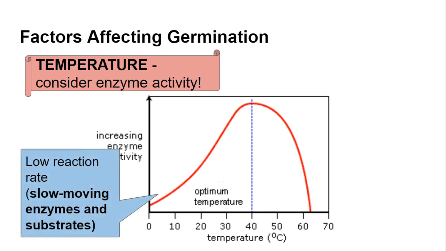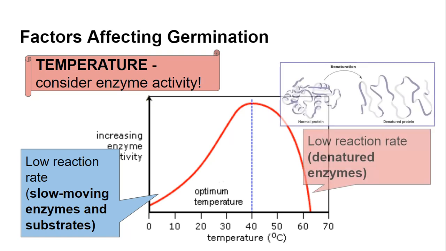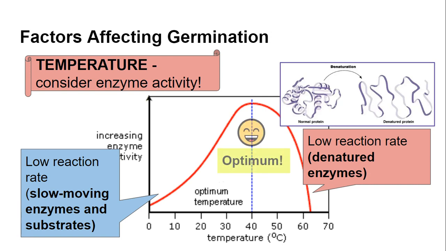So when you have a really cold temperature, then there's going to be low reaction rates because of the enzymes moving really slow and the substrates moving really slow. If the temperature gets too hot, then that will denature these enzymes and unfold them so they won't be able to function. And so most plants have an optimum temperature where their seeds will germinate best because of the structure of their particular enzymes.